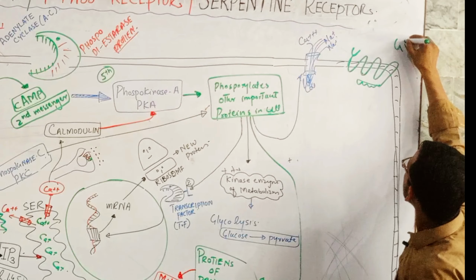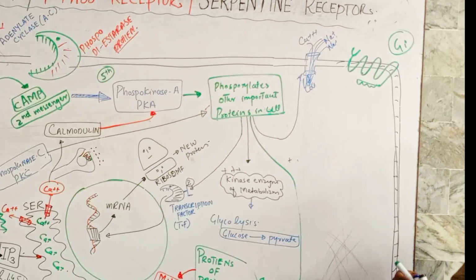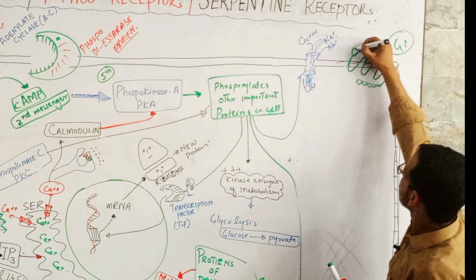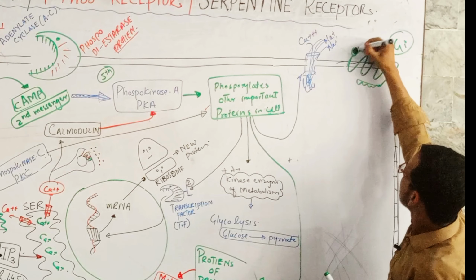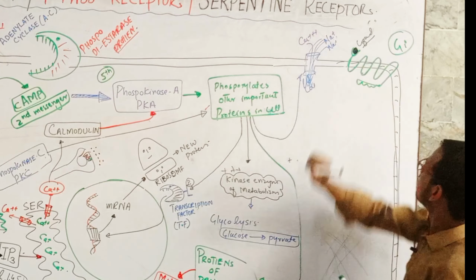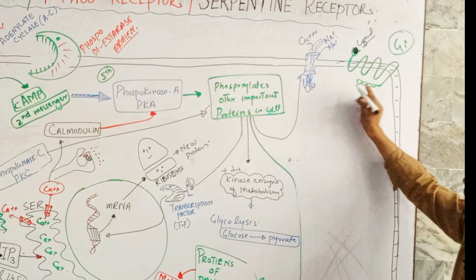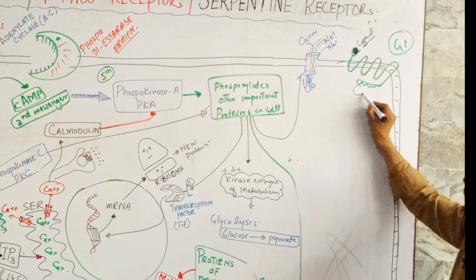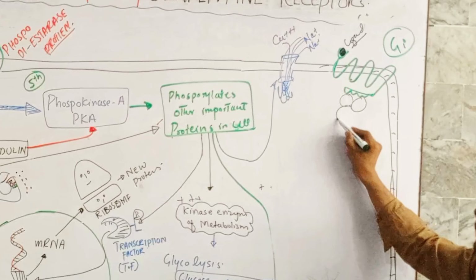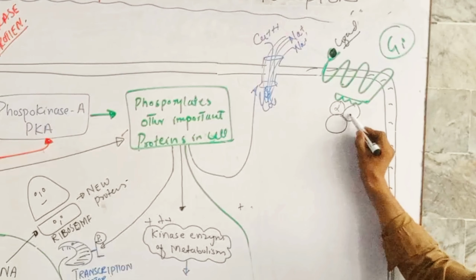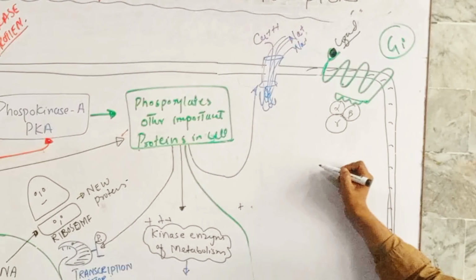This is the Gi receptor, and for example, this is a ligand attached to this receptor, and these are the alpha, beta, and gamma.